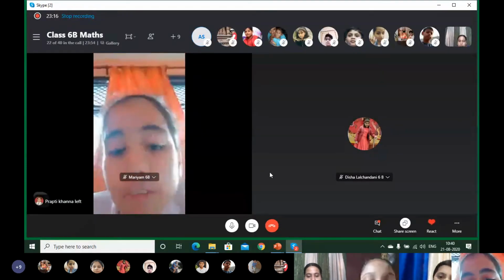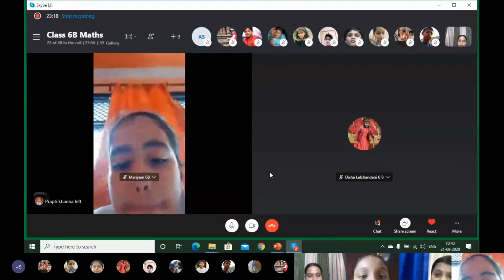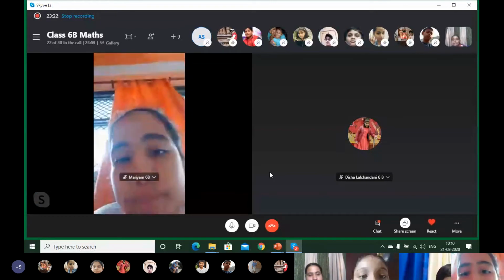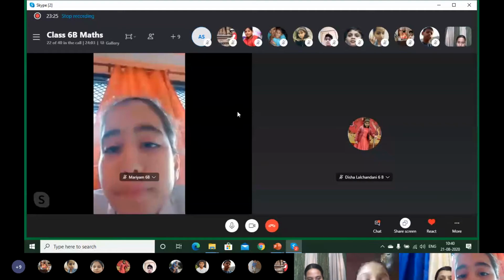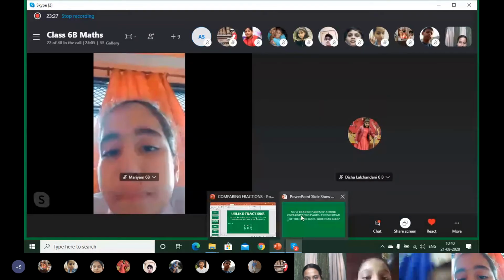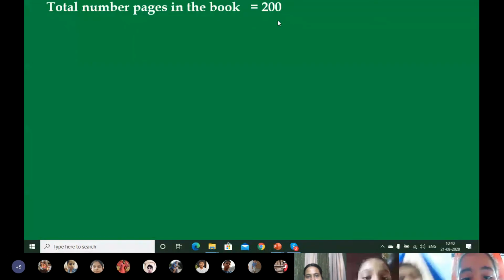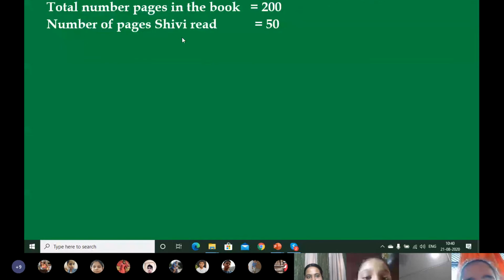Now, you have seen we were comparing two fractions, but not a fraction with a number. So, the first step is to convert the number into a fraction form. See, the total number of pages in the book were 200. The number of pages read by Shivi was 50.